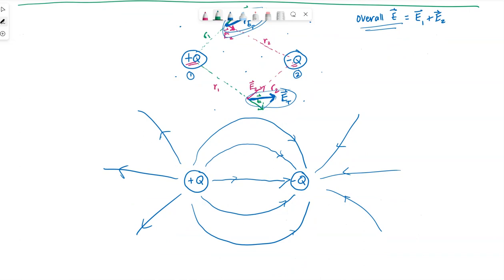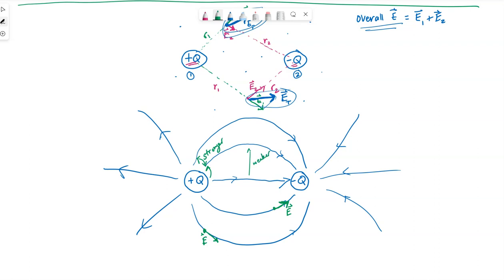The actual value and actual vector at any point is tangent to these lines. If I wanted E right here, I would draw my E tangent. And it is still true that the closer they are together, the stronger the field is. The farther apart, the weaker.